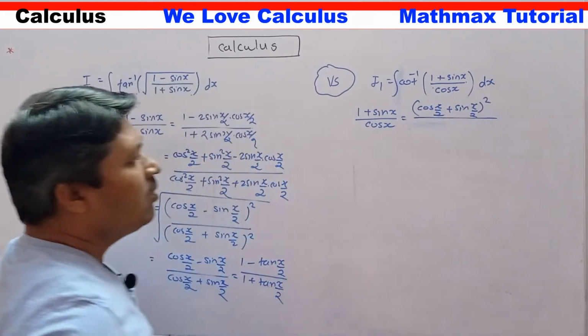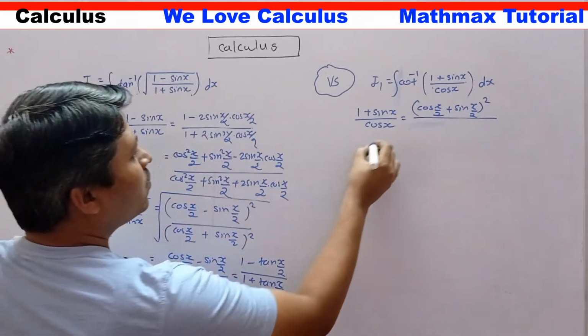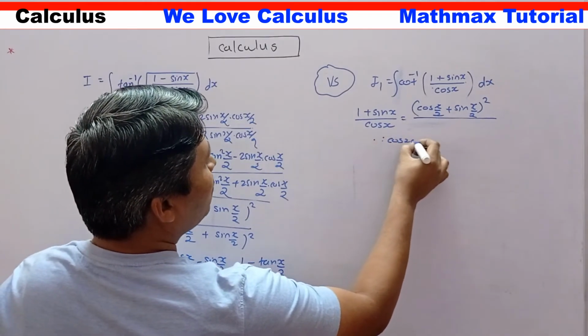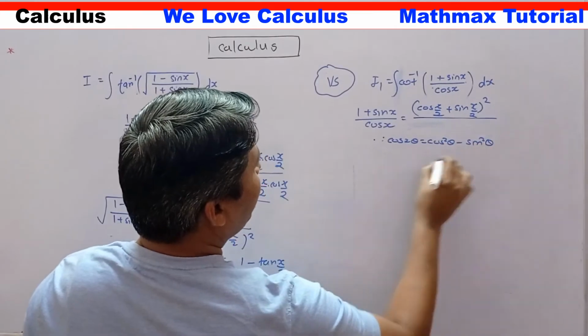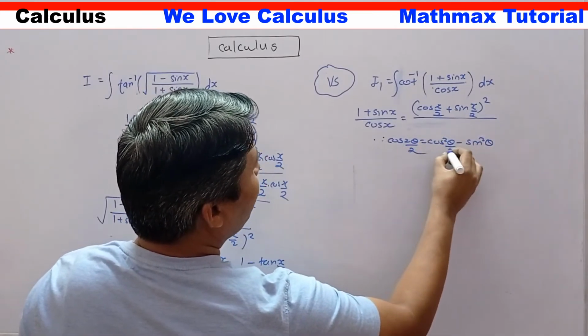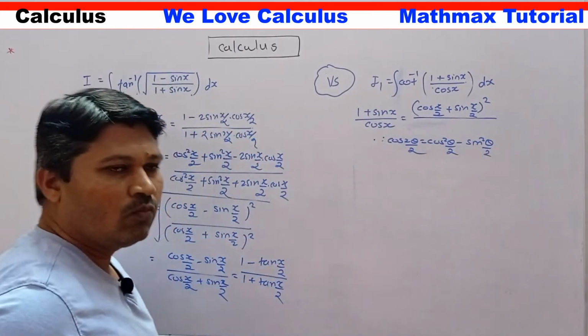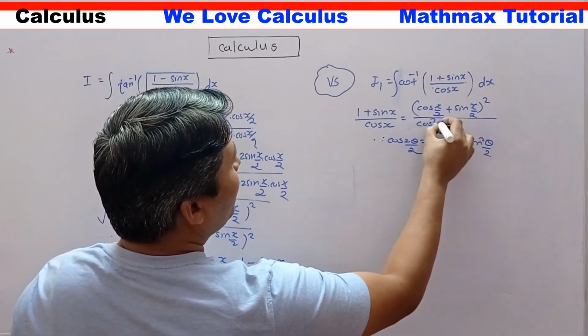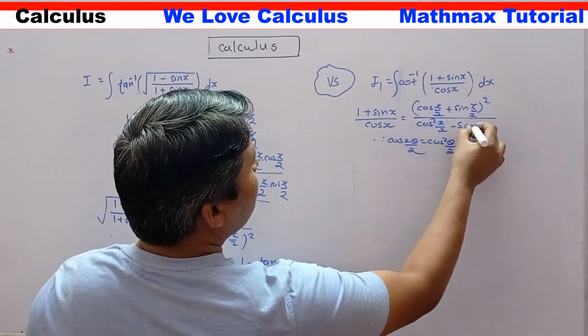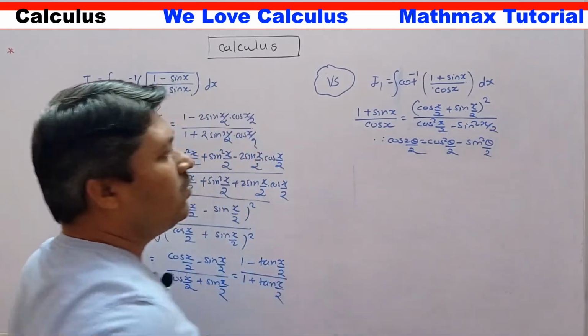But we know that cos 2 theta is equal to cos square theta minus sin square theta. That means cos x is equal to cos square x by 2 minus sin square x by 2.